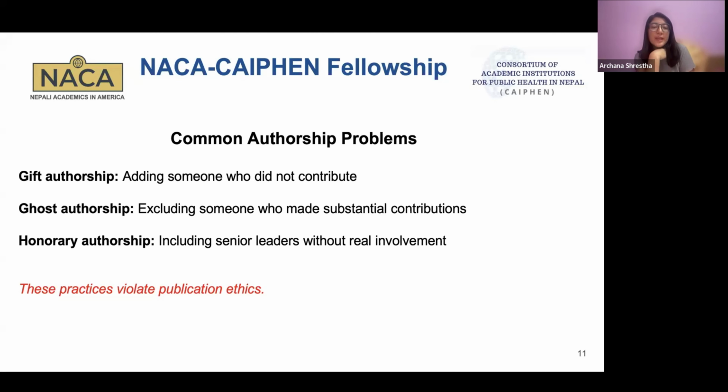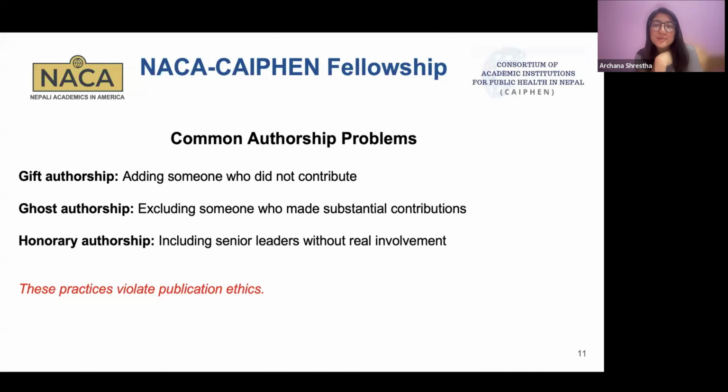Ghost authorship is when people who have made substantial contributions are left out, and I think that's also not correct. So look at it very carefully, at who has made a very substantial contribution to your paper. And honorary authorship, like senior leaders without real involvement. This is very, very common in Nepal.